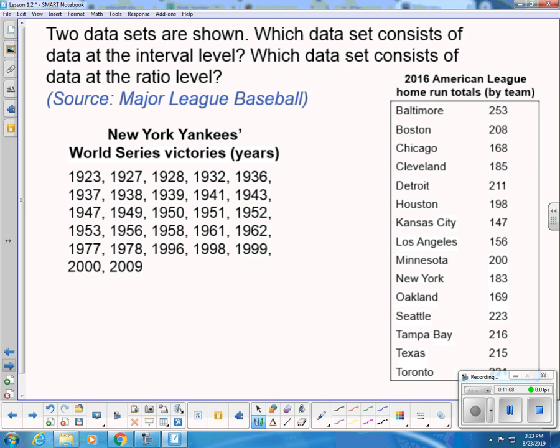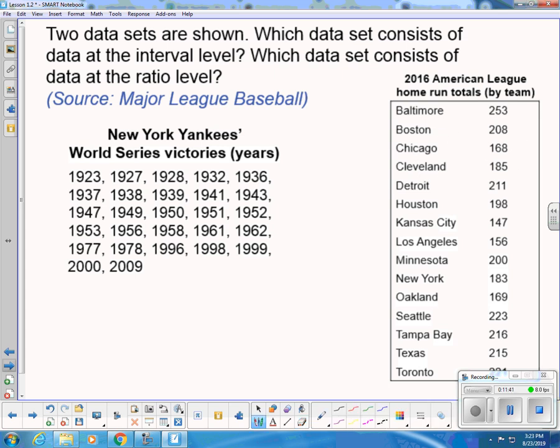If you're looking at the American home run totals by team, I can rank those. I can list them, least to greatest. I can put them in order. I can subtract them. Baltimore had 253. Boston had 208. So if I subtract that, I get 45. So Baltimore scored 45 more runs than Boston. I can divide them if I wanted.